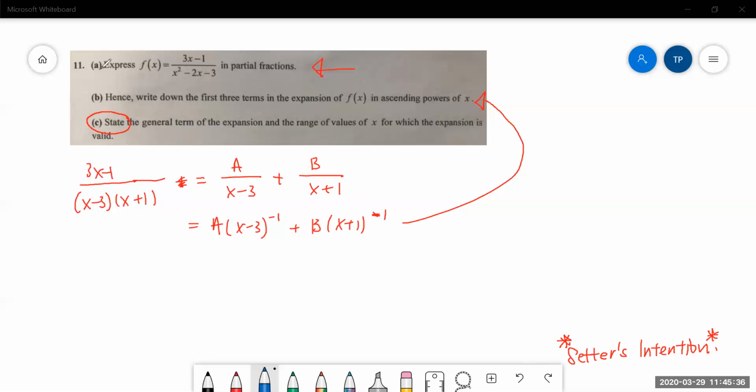You see, understand how they create the question. They gave you here from partial fractions, then they want you to use part 1 to solve. Then from these first 3 terms, they want you to state the general term, means you are supposed to observe a pattern. But there's no pattern.